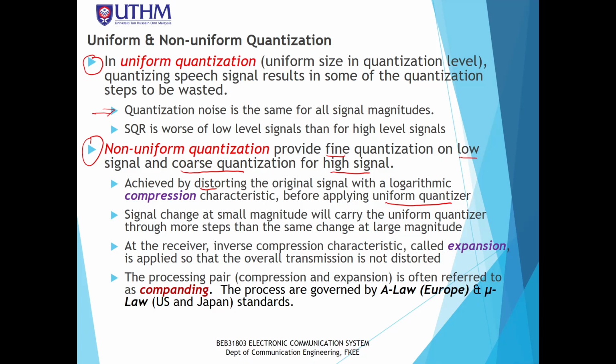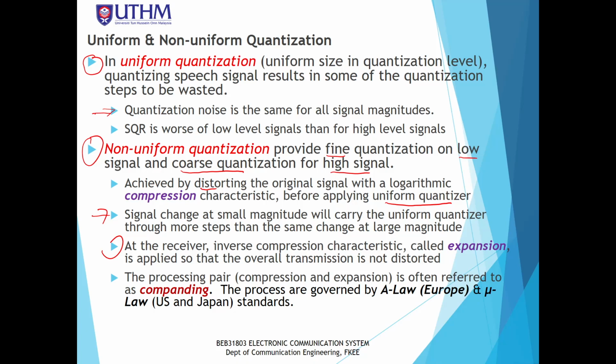So a signal change at small magnitude will carry the uniform quantization through more steps than the same change at large magnitudes. At the receiver, inverse compression, or what we call expansion, is applied so that the overall signal is not distorted.